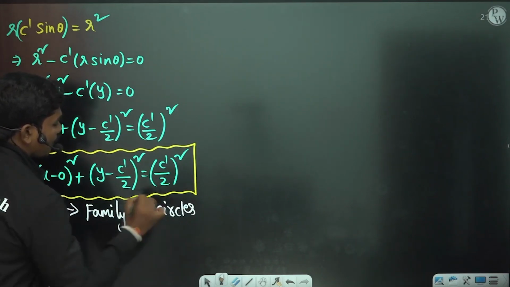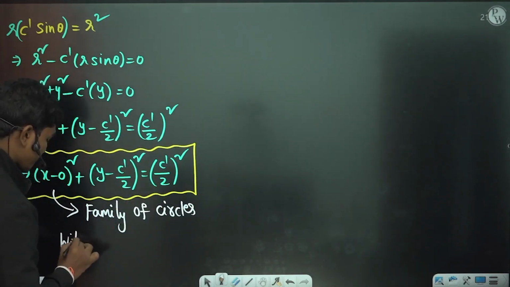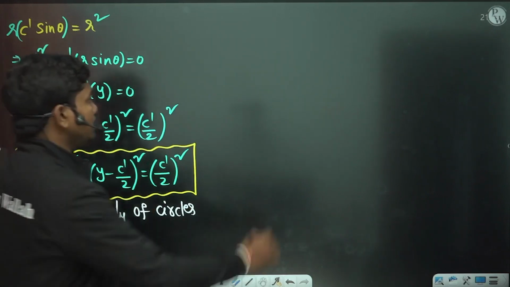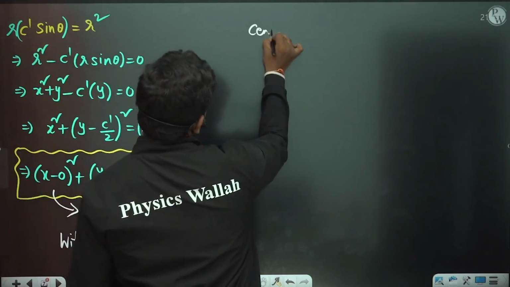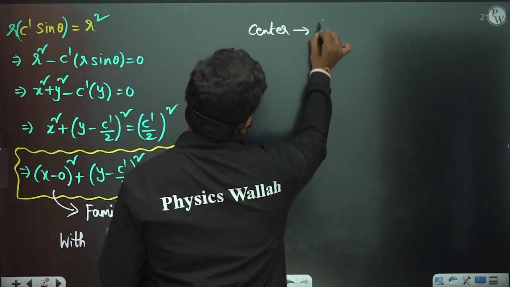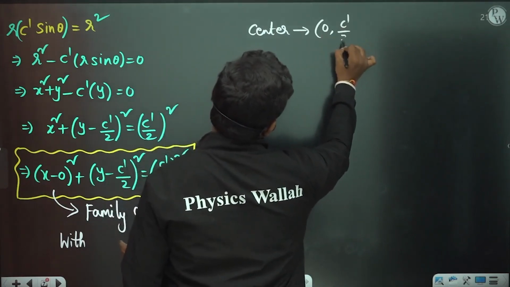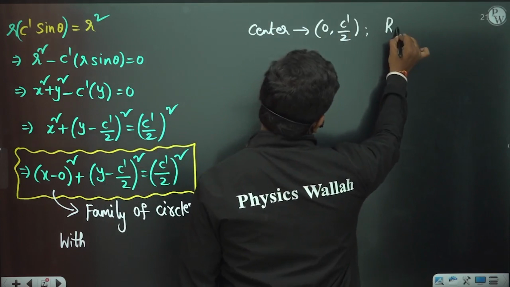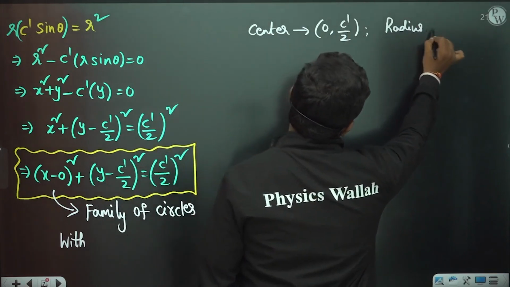Now if you see, the center of this circle is 0 comma c dash by 2 and radius is also c dash by 2. Correct?